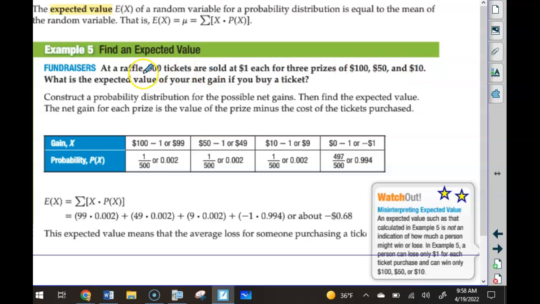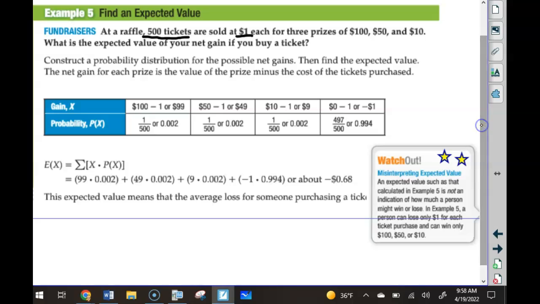Okay, so 500 tickets sold, but everybody who bought a ticket paid $1 for every ticket. So if there's 3 prizes, what is the expected value of your net gain if you buy a ticket? Now, everybody's either going to lose their $1 or they're going to win a prize, right? But we can average those out and talk about the expected value.